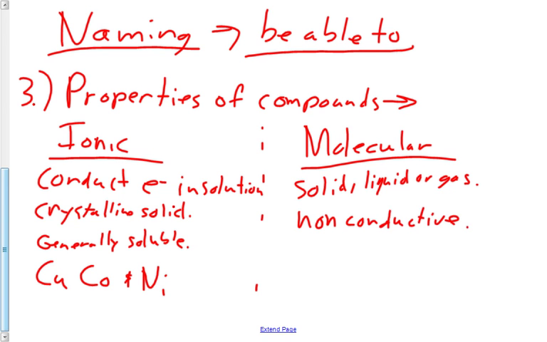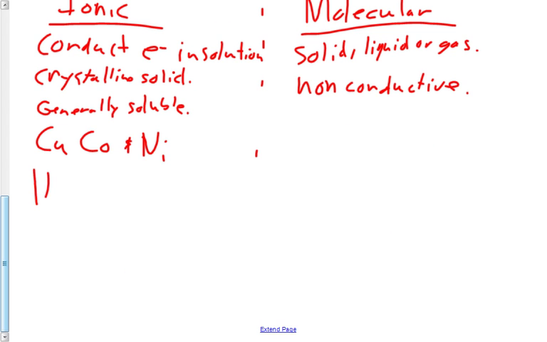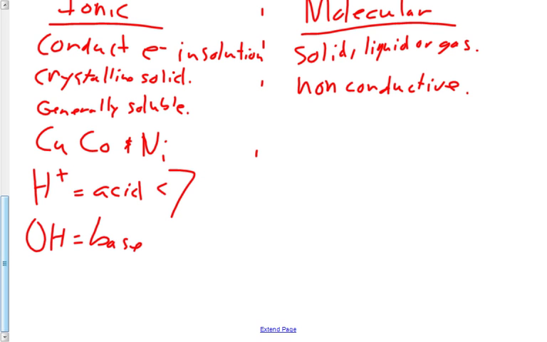They're not really extreme pHs where ionic ones can be because you're strong acids. That might be something to remember. pH is less than 7. Whereas if you have OH, you're a base, pH greater than 7. Things like that.